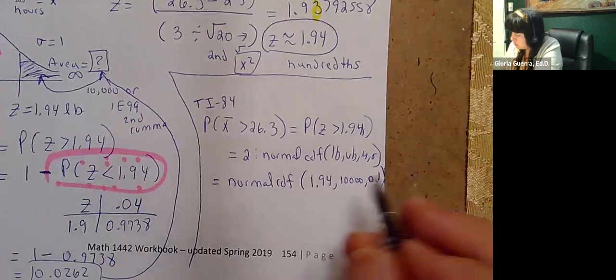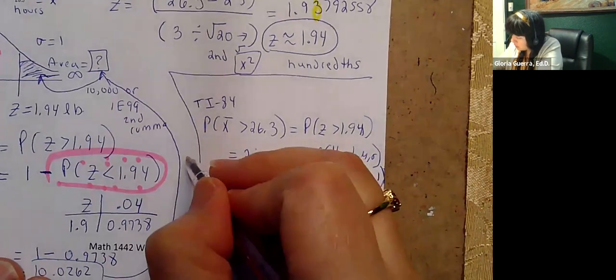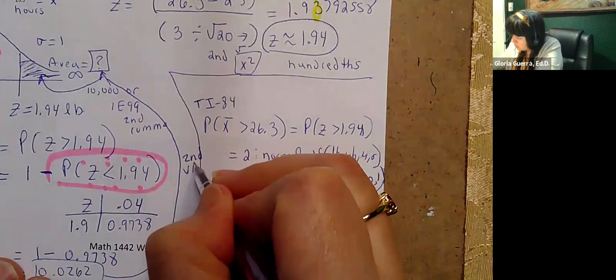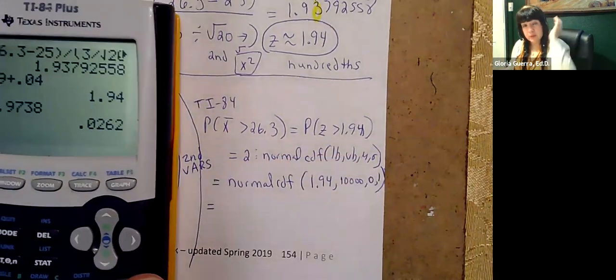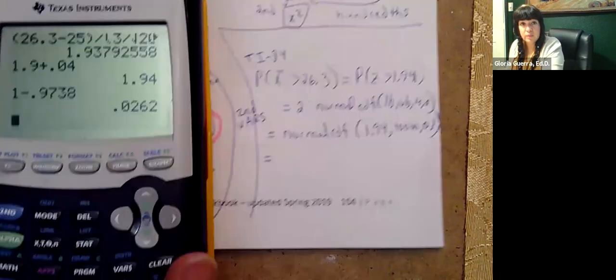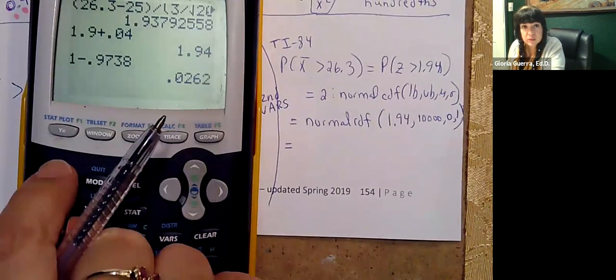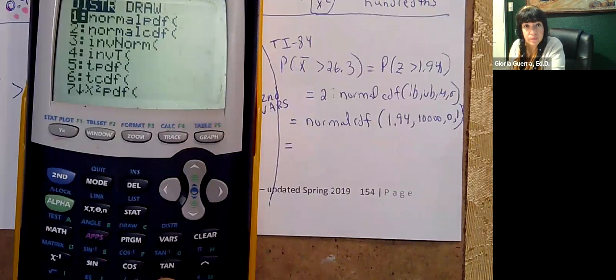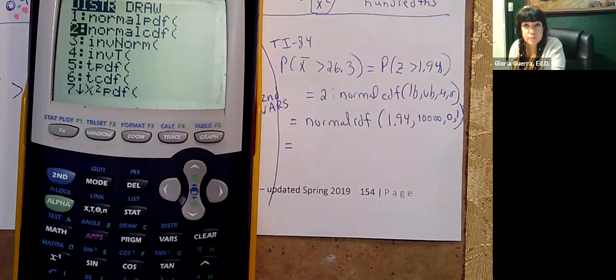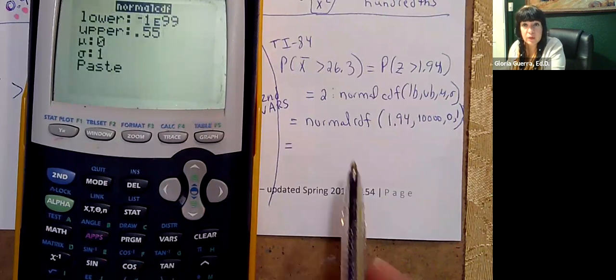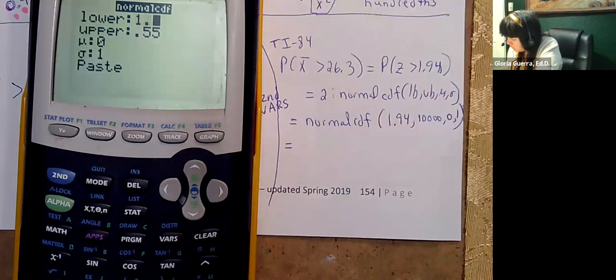Okay. And when you're using your calculator, that's second vars, second and then vars right here, and you want number 2. Then I'm going to use 1.94, and then 10,000, and then 0 and 1.